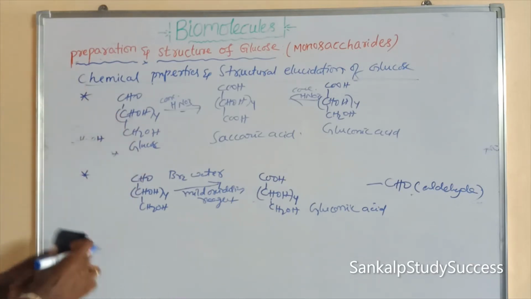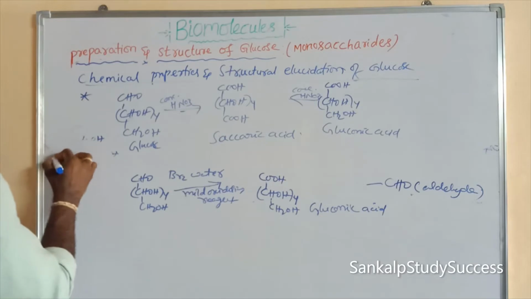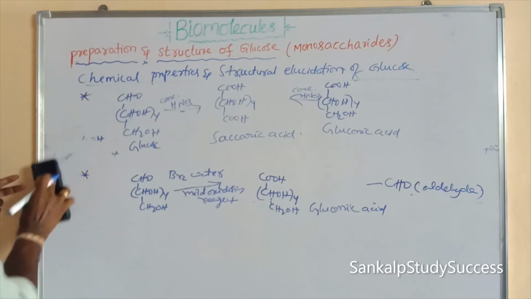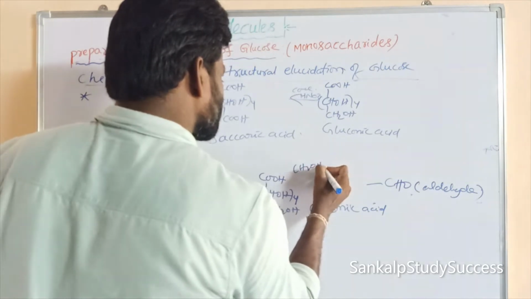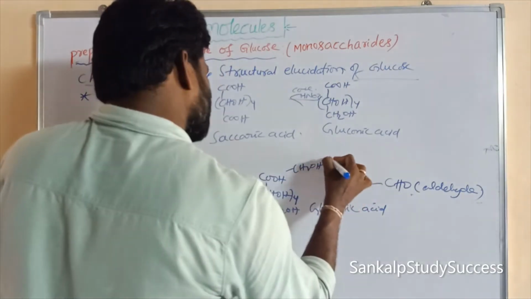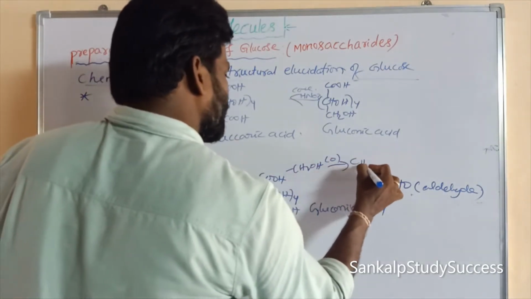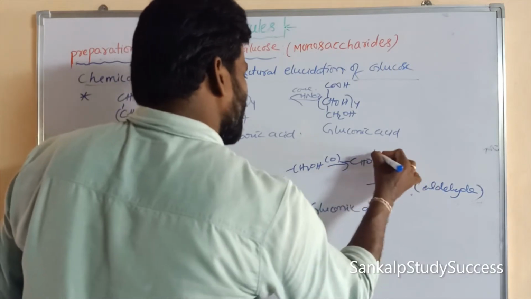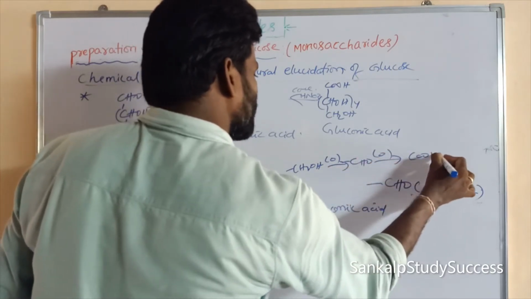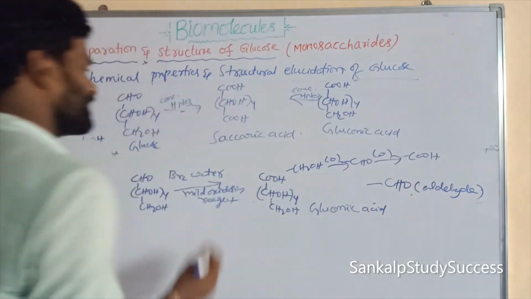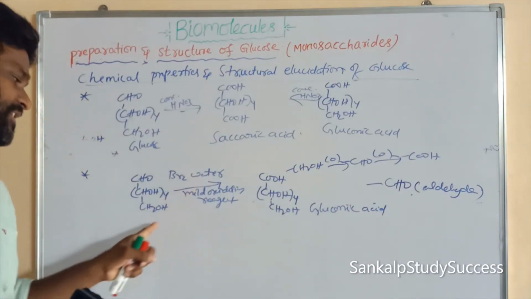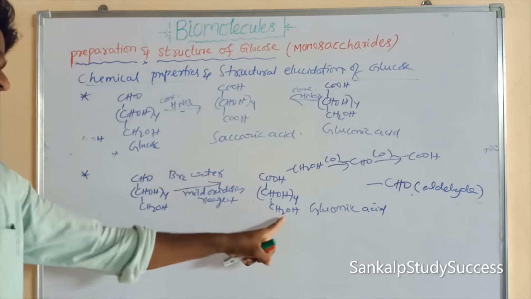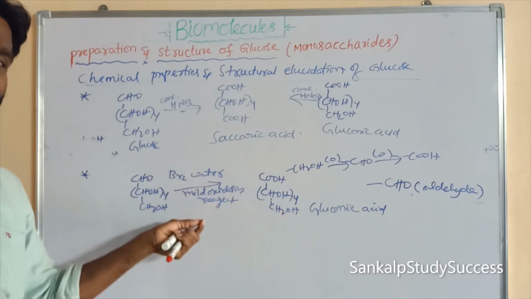So primary alcohol like CH2OH is firstly oxidized to aldehyde, and again it is oxidized to COOH. In the previous case, with bromine water, the CH2OH cannot be oxidized due to the weak oxidizing reagent.